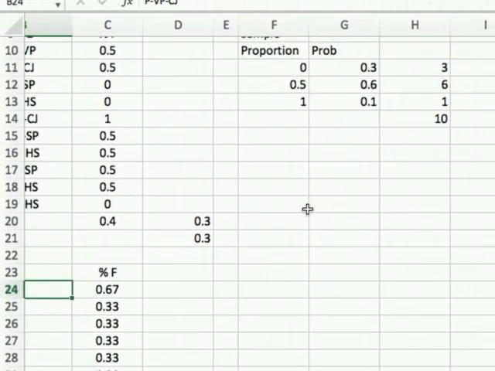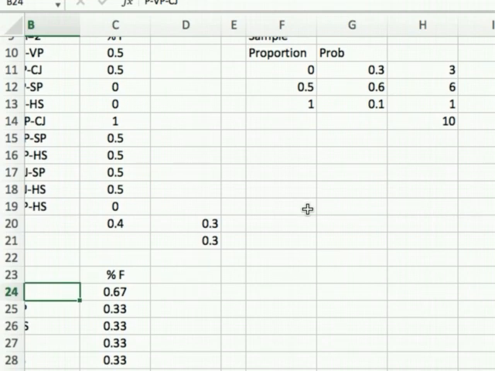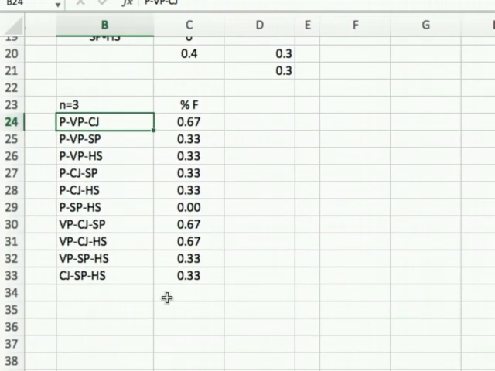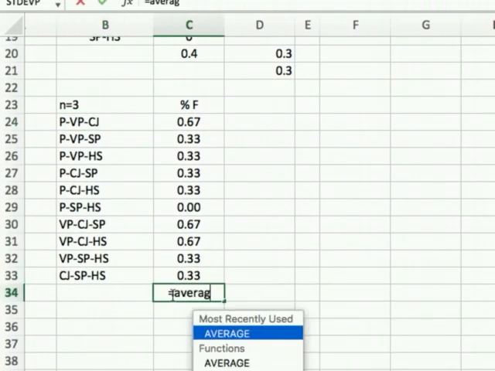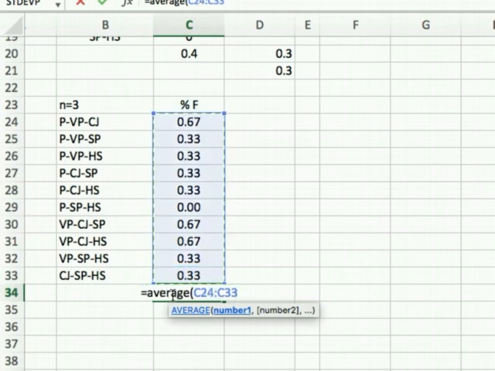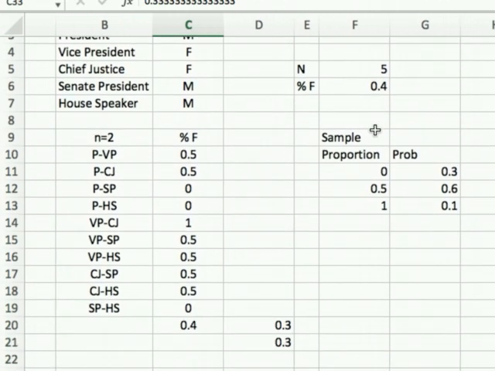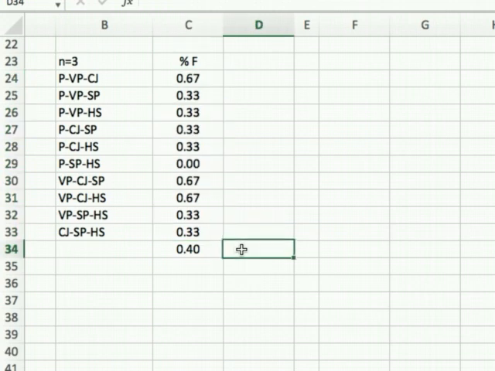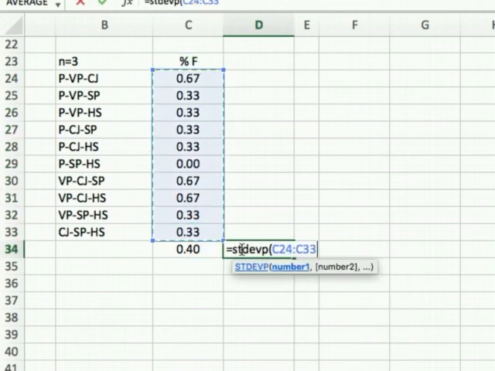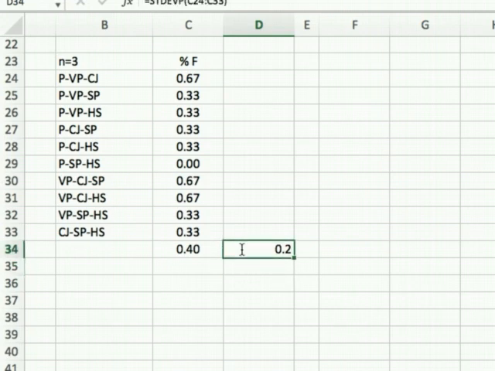And then get the relative frequency to get the complete sampling distribution. At the same time, we can also see here the properties of the sampling distribution of the sample proportion. So the average of all these 10 sample proportions is still 40%. That's equal to the population proportion. And the standard dev of all these sample proportions is 0.2.